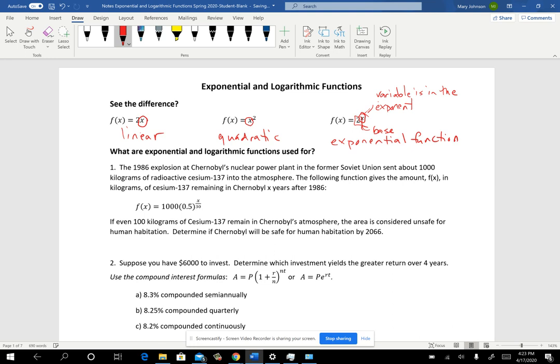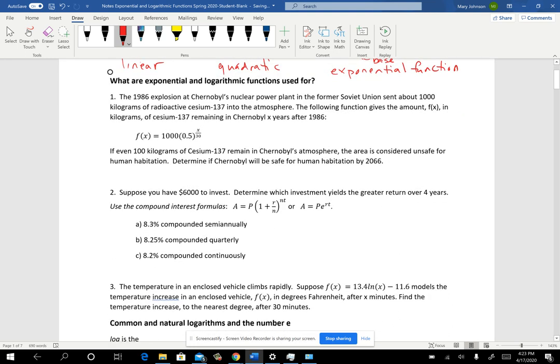All right, so the next three problems I give you, we're not working out right here, but I just wanted you to know that a model like this is an exponential function. This particular problem has to do with radioactive decay. So it's like you had an element that was radioactive from a nuclear power plant, and this model would let you know how much of that radioactive element is remaining as time goes on, because it starts deteriorating and then it loses its radioactivity over time.